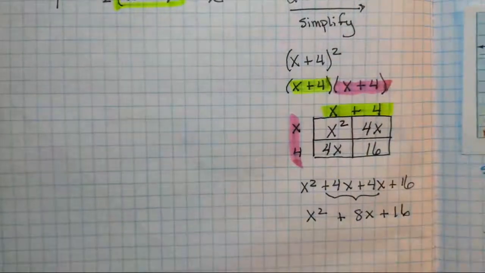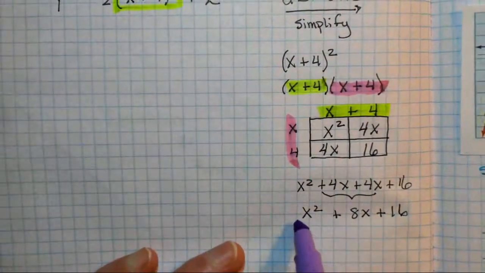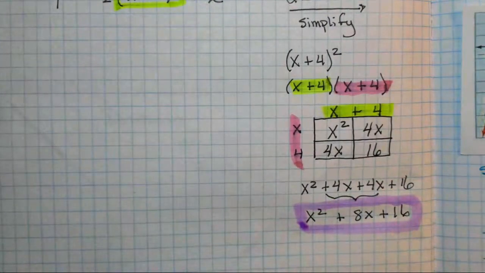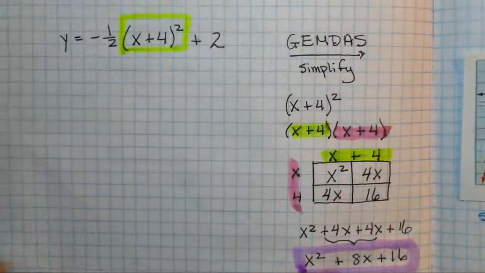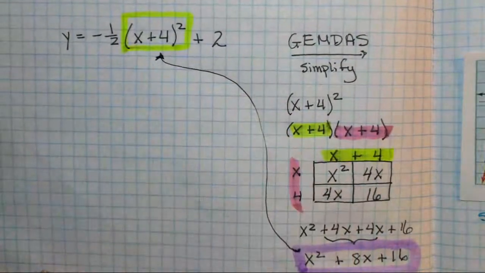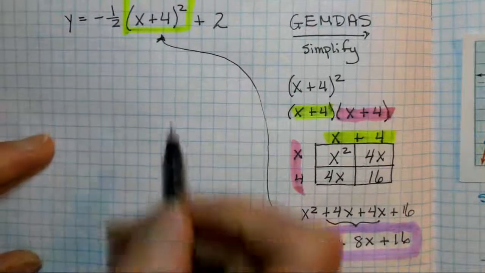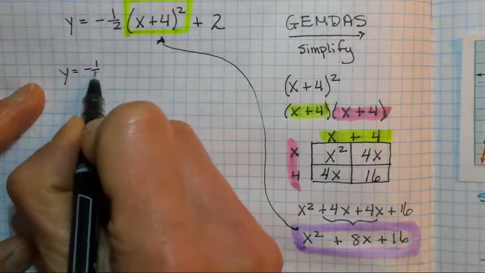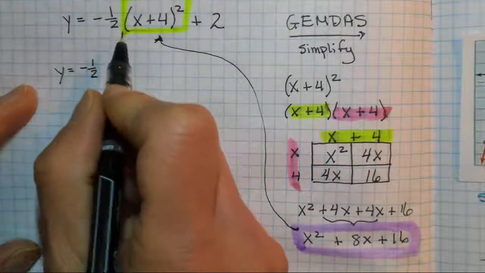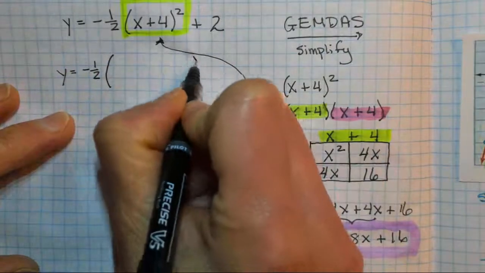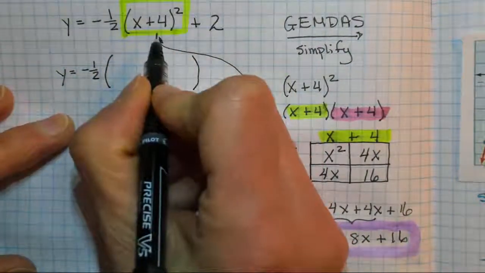So what I have just done, this is what goes into that yellow box. Those are the same. So that means now I have y is equal to negative 1/2 times what's in my yellow box. So remember, this is all one grouping here.